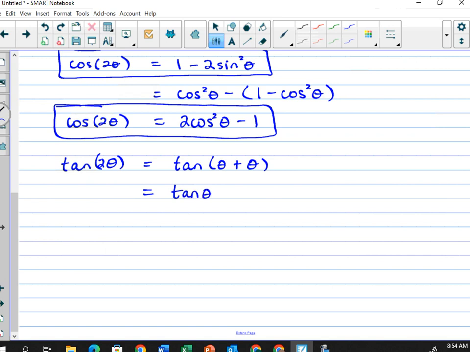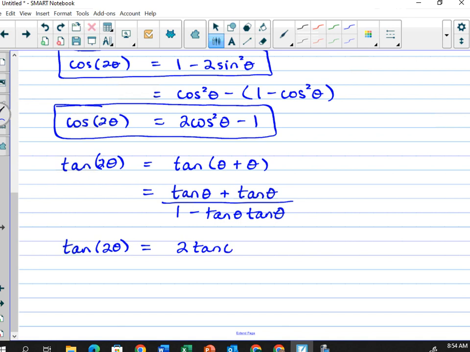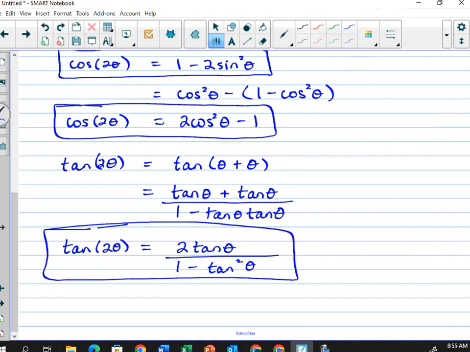So it's tan plus tan over 1 minus, and then it's a minus on the tan tan. Yes. There we go. So when you simplify that, you get 2 tangent of theta over 1 minus tangent squared theta.